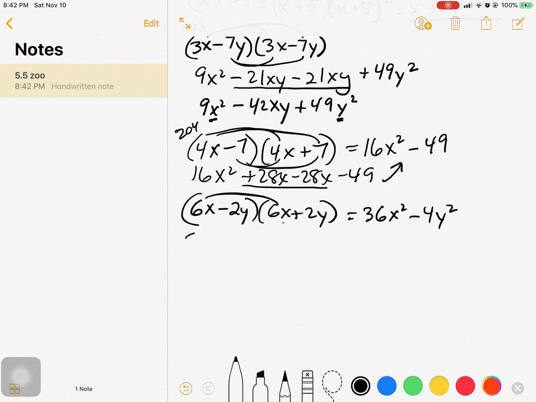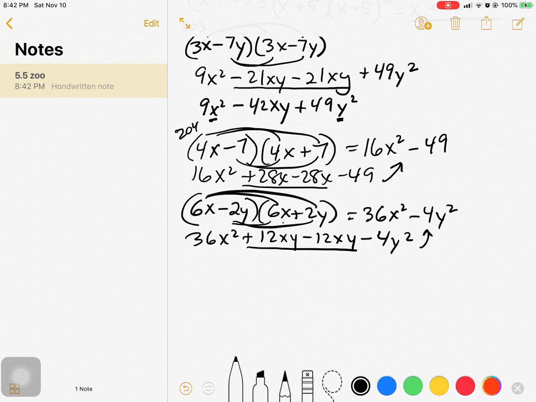Or you can just do this: 36x squared plus 12xy minus 12xy minus 4y squared. And then these are opposite, so they go away. That is all that's in 5-6. Hopefully that's an easy section for you.